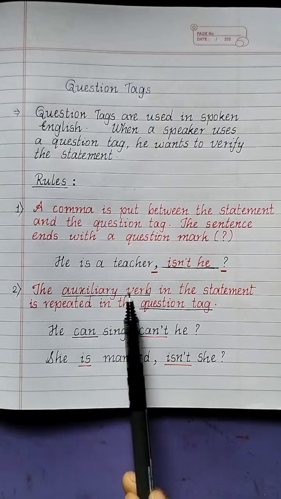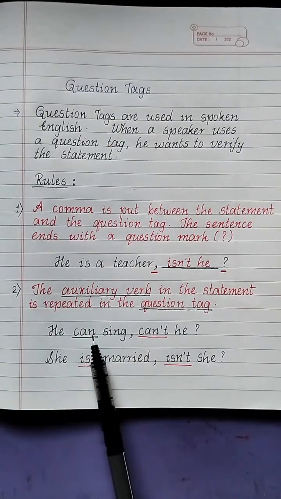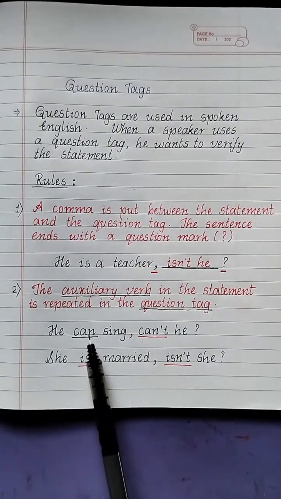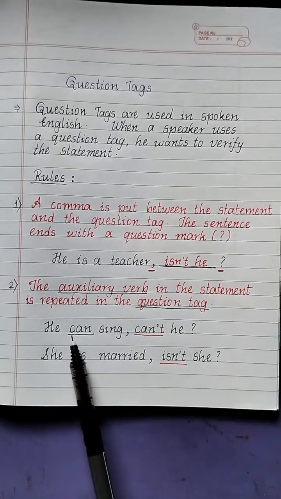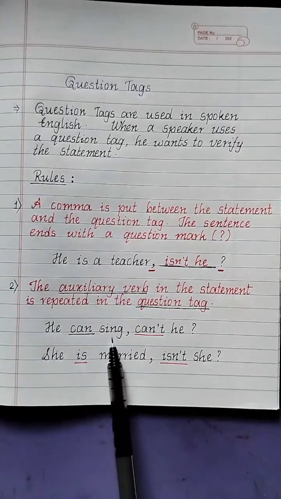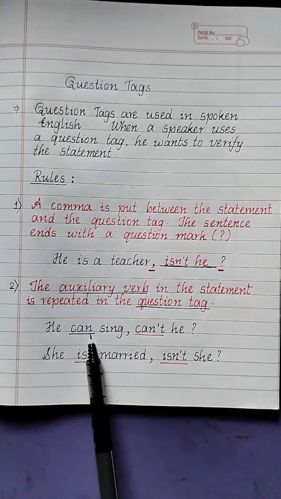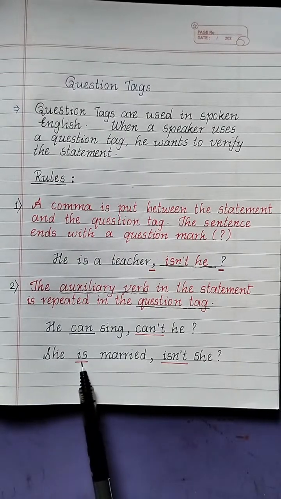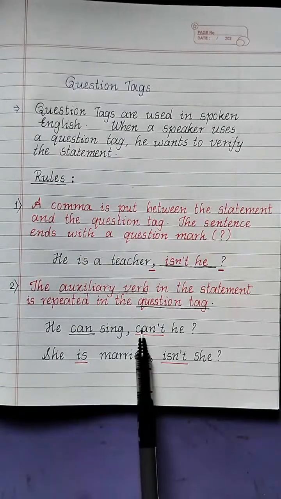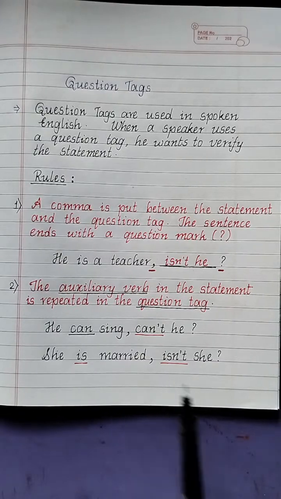If there is an auxiliary verb in the statement, then the same auxiliary verb is used in the question tag. As you can see here in both sentences, he can sing: here can is the auxiliary verb. She is married: is is another auxiliary verb. So both are used as a tag also.